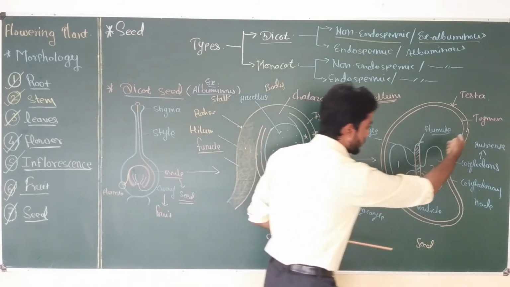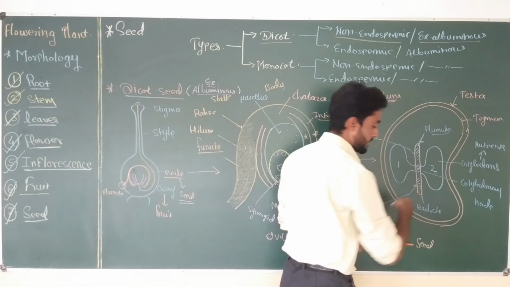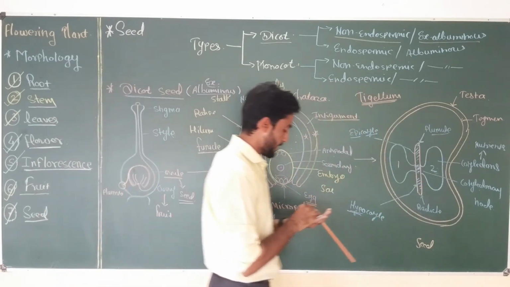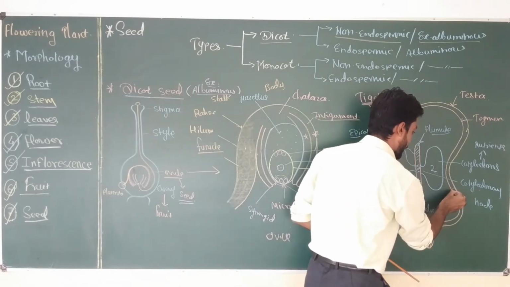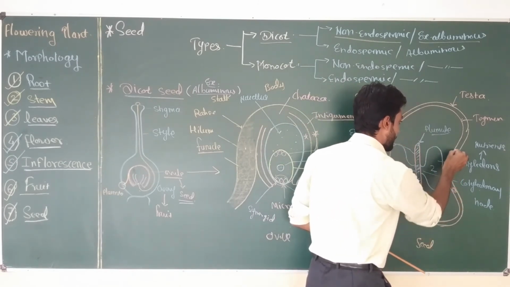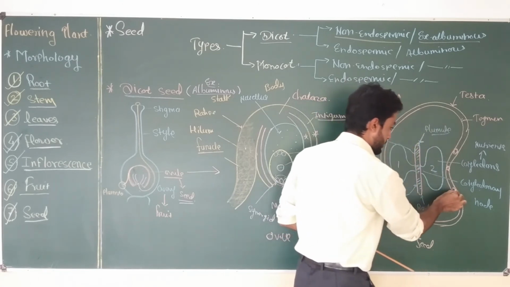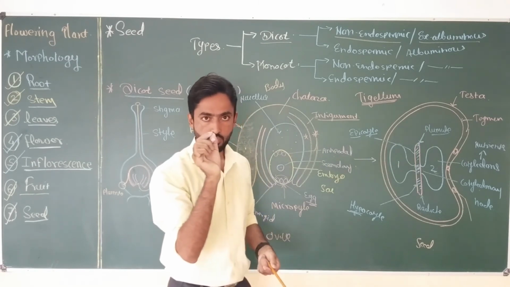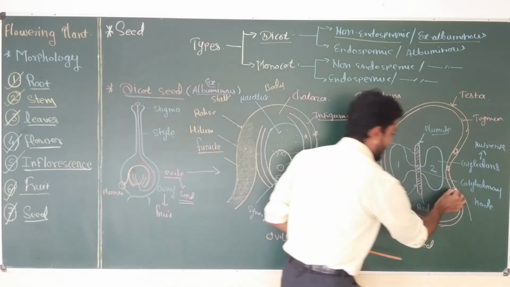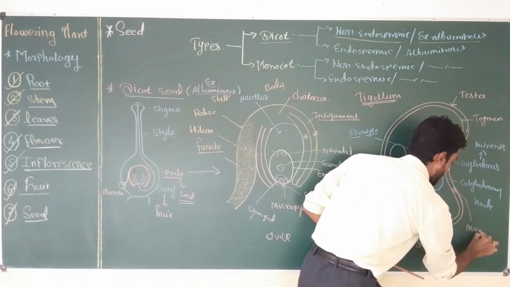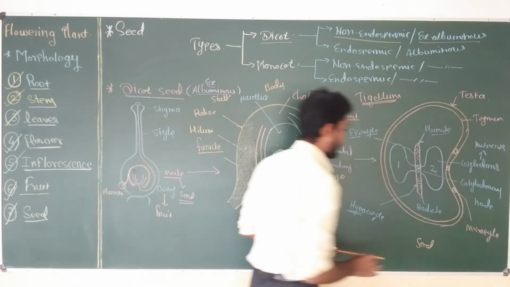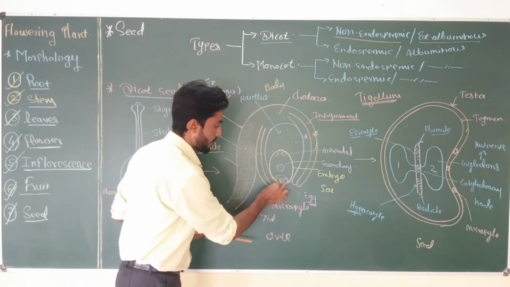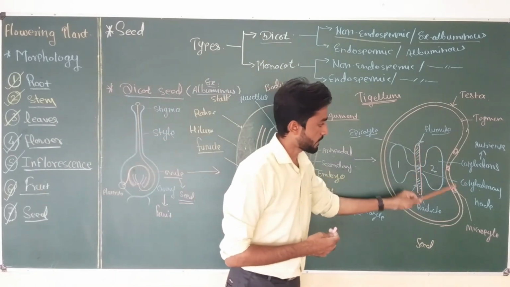Now, on the concave side of the bean seed, if you observe carefully, you can find three different points. The first mark, which is easily visible on the concave side of the seed, is nothing but the micropyle end, or micropyle, of the ovule. So you can see this micropyle on the seed at the concave side.